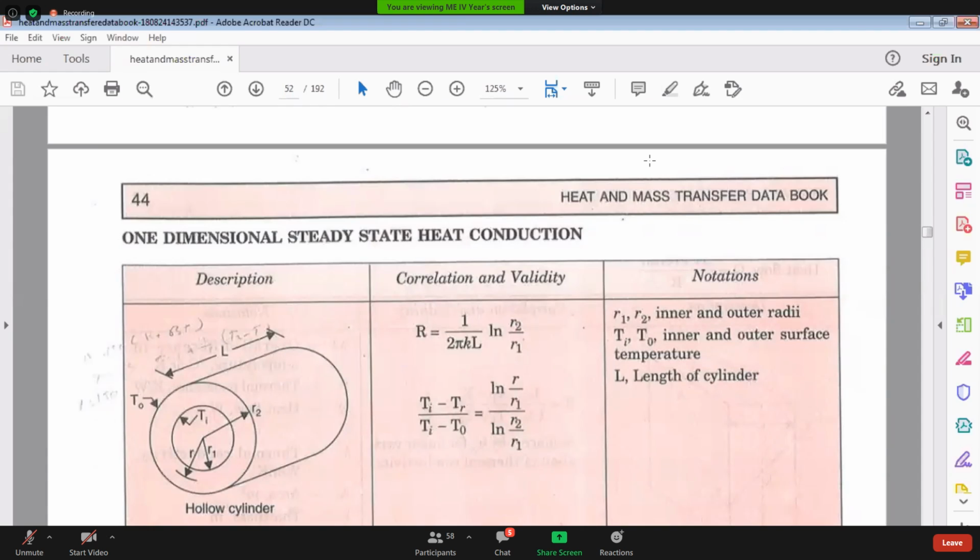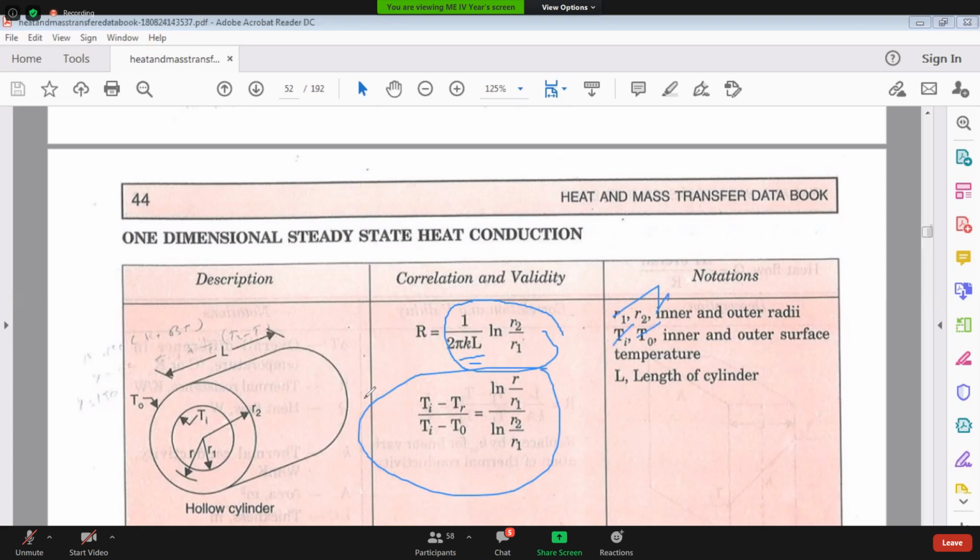After that, we discussed the hollow cylinder. The resistance is Ln R2 by R1 divided by 2π KL. That we discussed. Anyway, this is the simplification for the next case. What is R1, R2 is given. What is T1 is given.